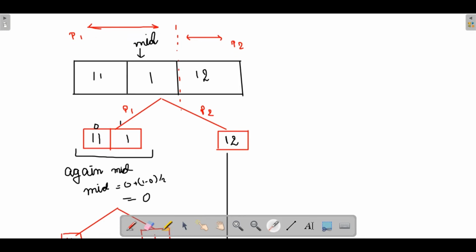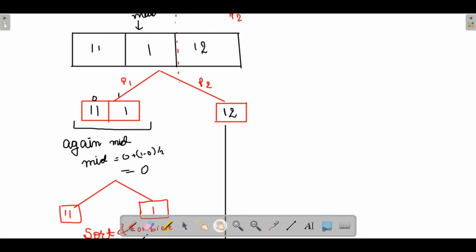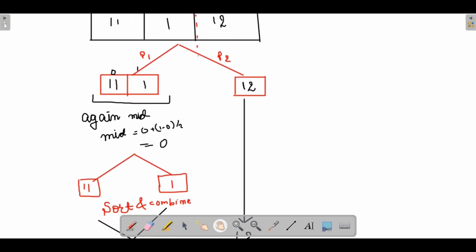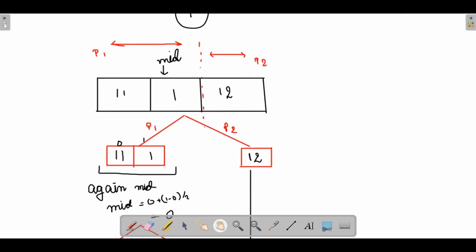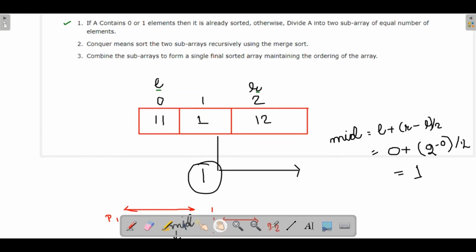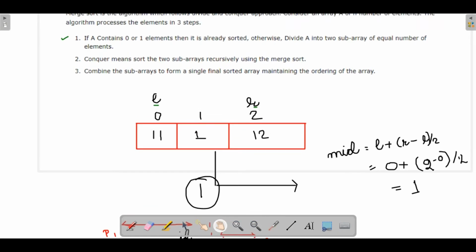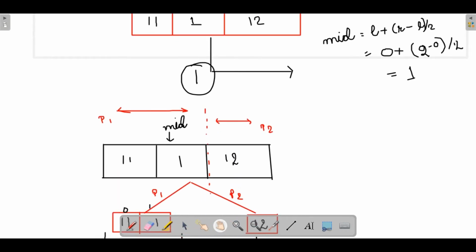Now this would break our array from here. So now we got 11 and 1. As per our algorithm, we had to sort those arrays until we find a single item, because if an array contains only a single element, then that array is already sorted.